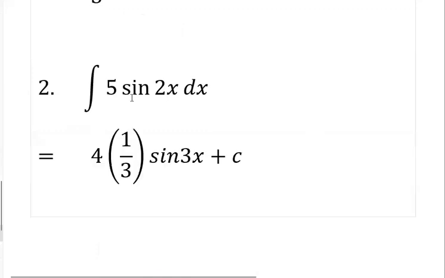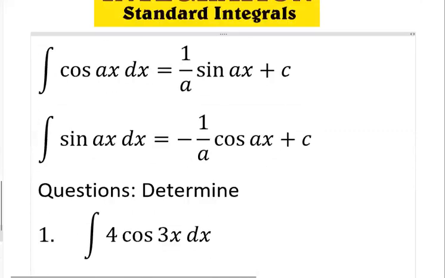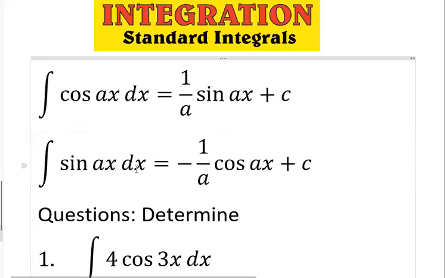So now we are integrating 5 sine 2x dx. Our 5 is a constant. So just put that here. So let's see how we can integrate sine 2x dx. Sine 2x dx in our standard integral sine ax dx.